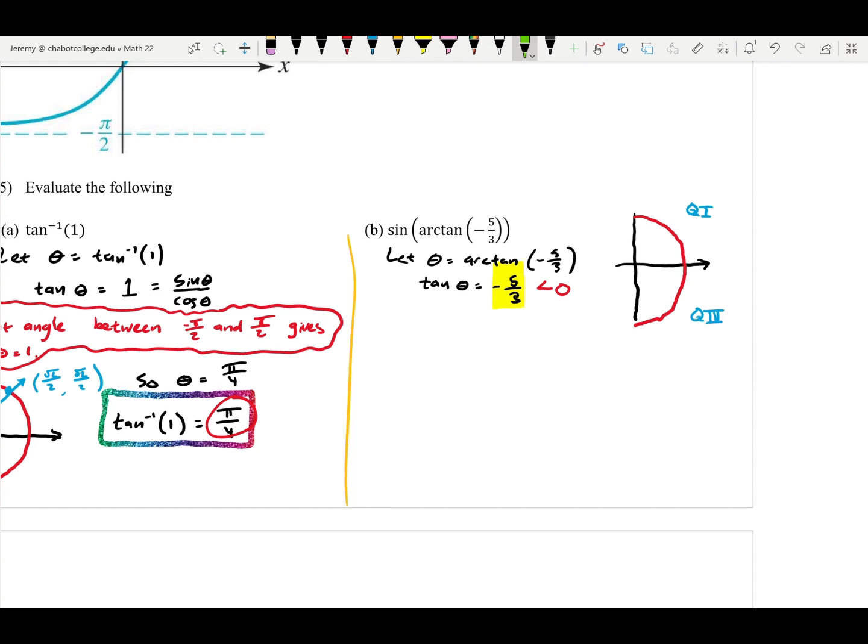All right, and remember, all students take calculus. So since this is a negative value here, negative 5/3, tangent of theta is negative either in the second quadrant or the fourth quadrant, right? So that means that this value of theta is going to be in the fourth quadrant.